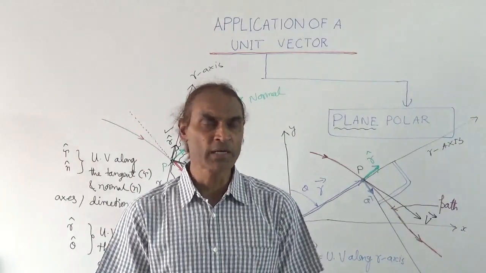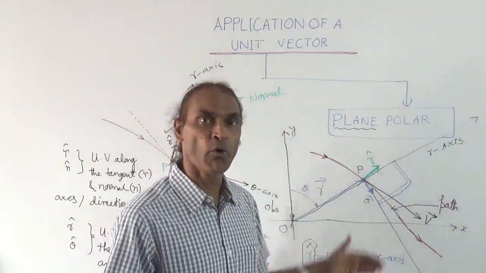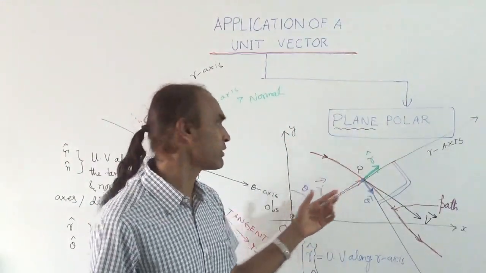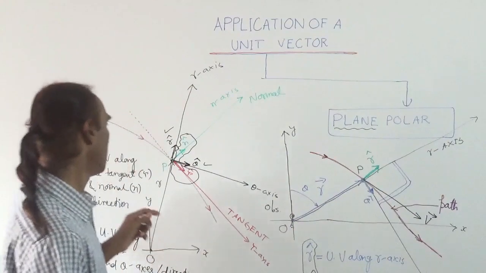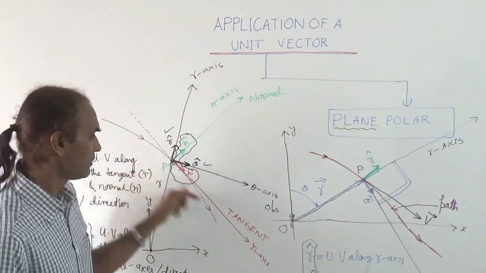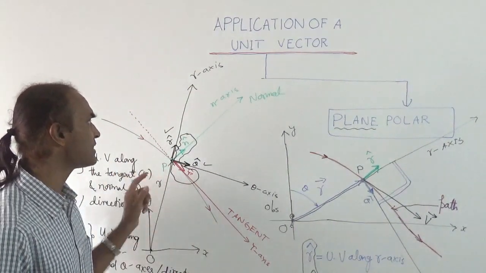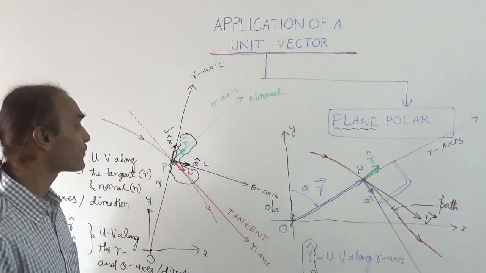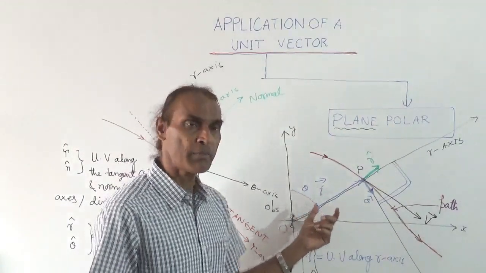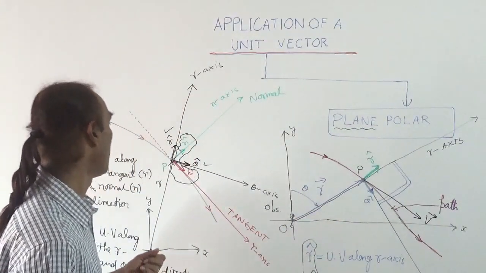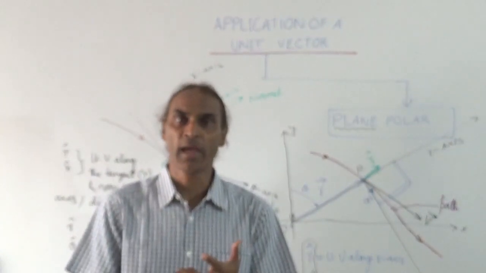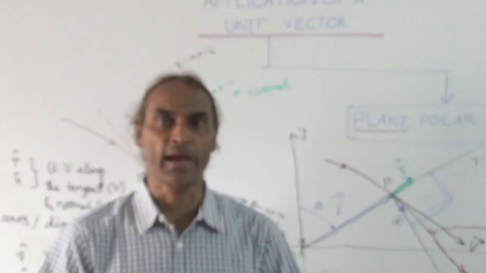Those who are not very comfortable can go through this video again and again, and understand the plane polar coordinate system and the unit vectors along the r-axis, theta axis, tangent or tau axis and normal or n-axis very easily. You should not panic. For the cylindrical and spherical coordinate system, you can keep it aside for the time being.